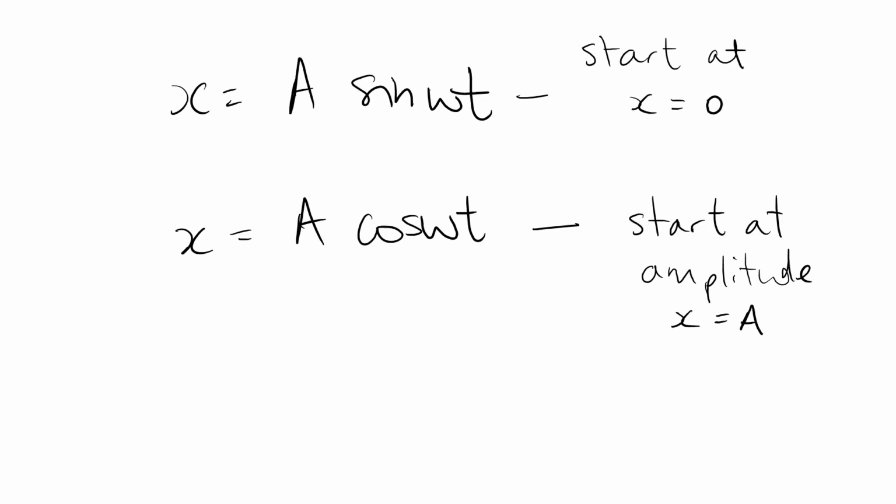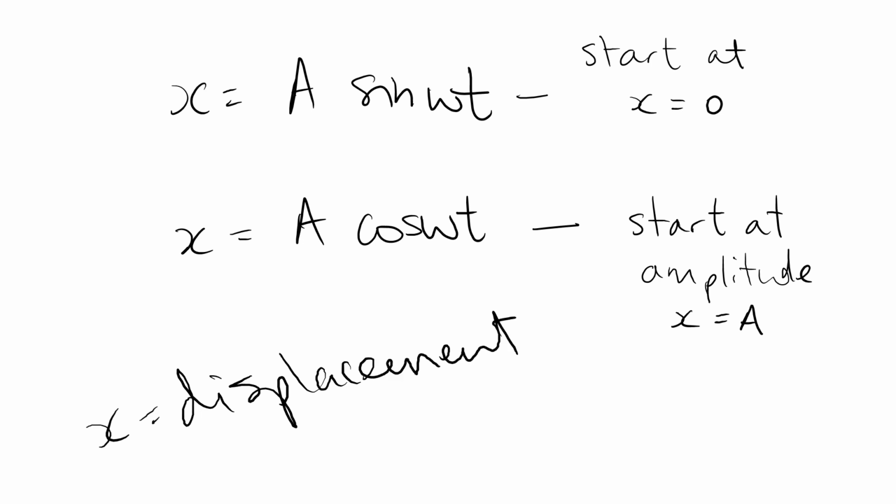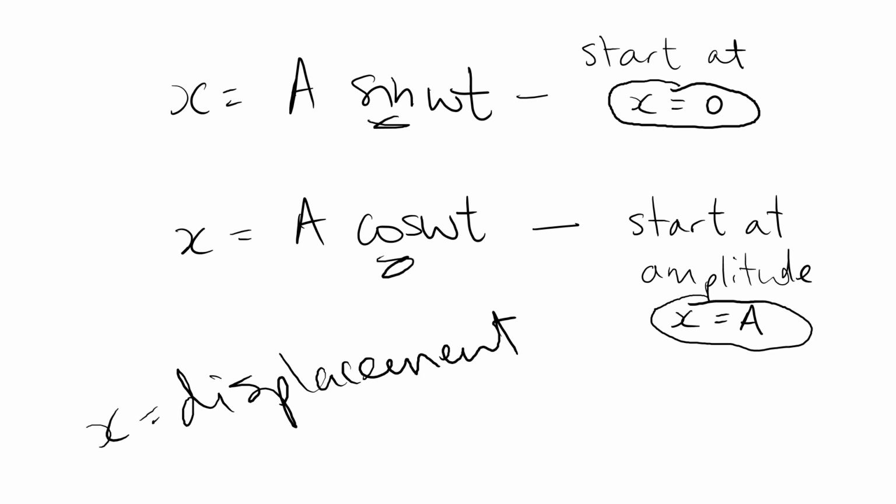This is the equation for displacement. x is equal to a sine omega t. So your x is your displacement. Now, if you're starting with x equals 0, you use sine. And if you start with x equal to a, use cos.